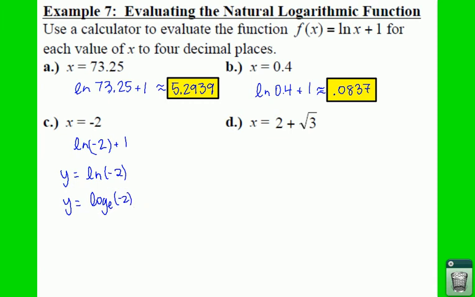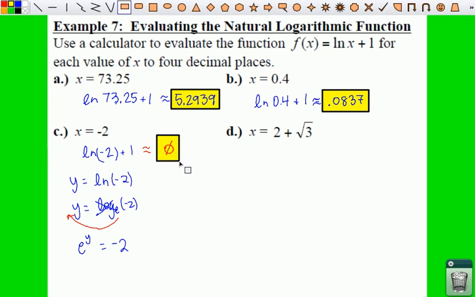So e to the power of y is equal to negative 2. Well, e to any power is never going to equal a negative value. So what you're going to say here is no solution. Not 0, no solution.